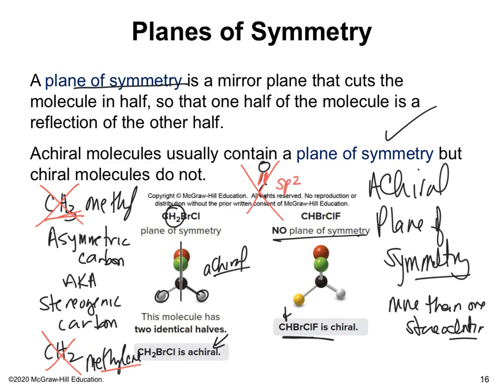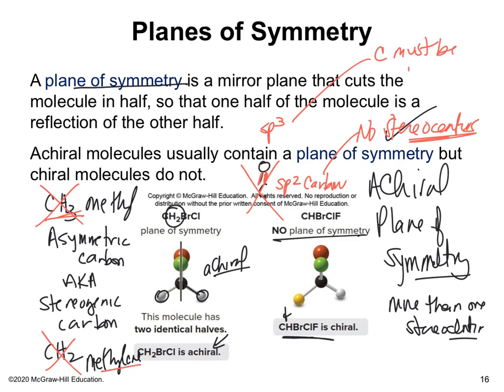That's an sp2 carbon. You're not going to have stereocenters for an sp2 carbon. It has to be sp3. Why? Carbon must be bonded to 4 different groups. So add your superscripts, sp3. Carbon has to be sp3. That's 4 groups.